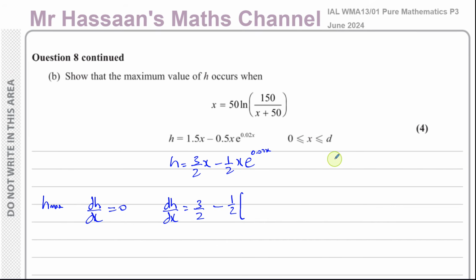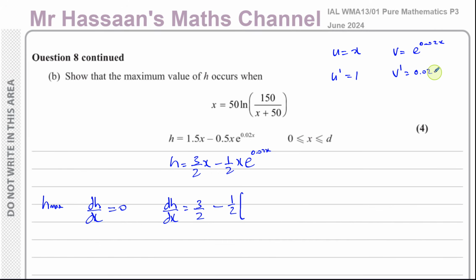It's not a function within a function, it's the product of two separate functions, so I have to use the product rule. To use the product rule, I'm going to call one of them u and the other v. So one of them is x, and the other one is e to the power of 0.02x. Differentiating x gives you 1. Differentiating e to the power of 0.02x, you're going to use the chain rule. So it stays the same, but then you multiply by 0.02.